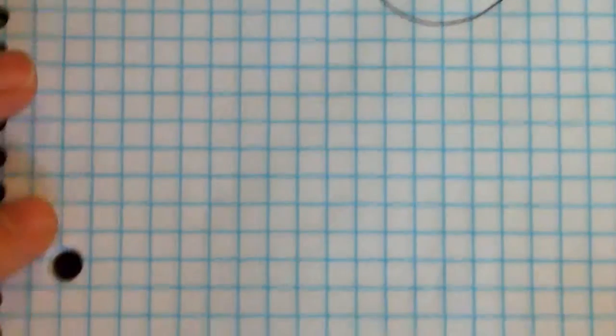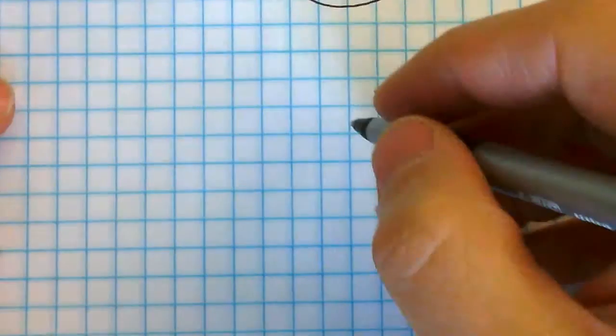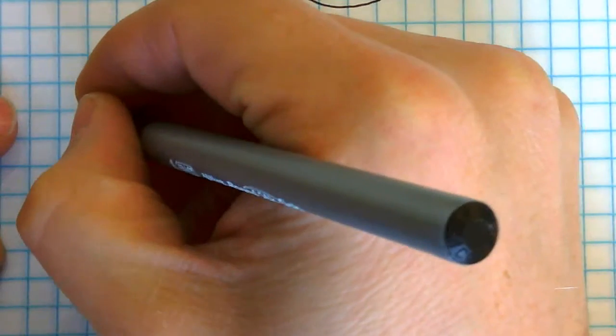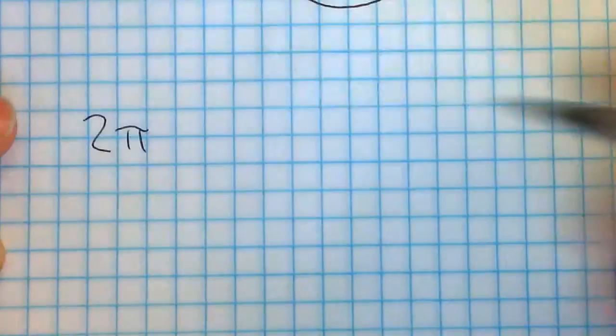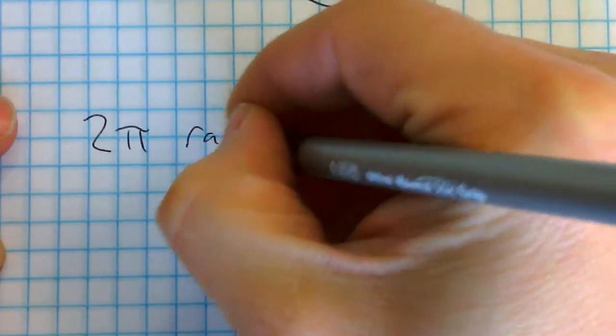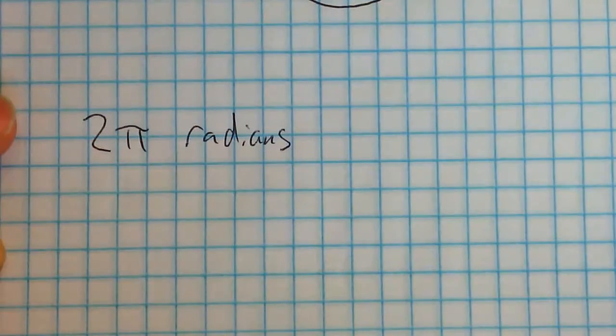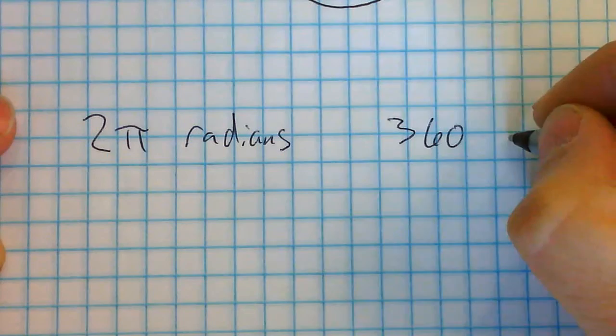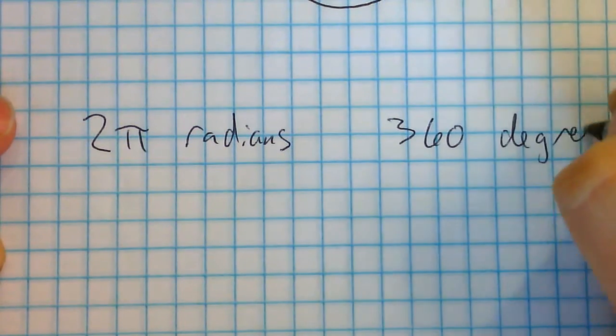That gives you an idea of where the degrees and radians match up. So let me tell you the easy places to remember. All the way around a circle is equal to 2 pi radians, and we also know that all the way around a circle is 360 degrees.